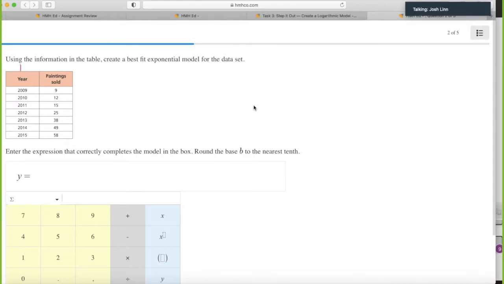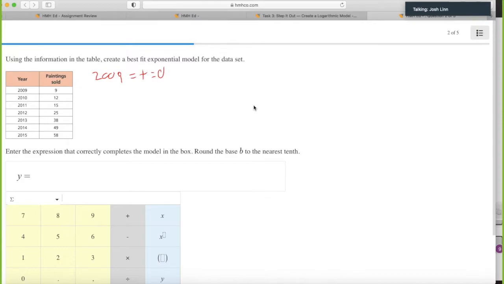So this is going to be our t, and this would be like our f of t. Looks like we're doing year, painting, sold. So we're going to say 2009 is equal to t equals 0.